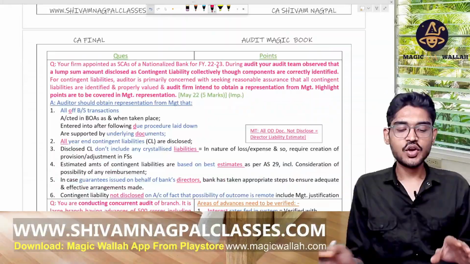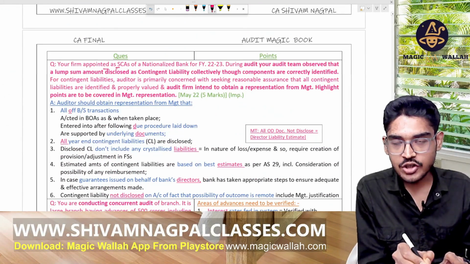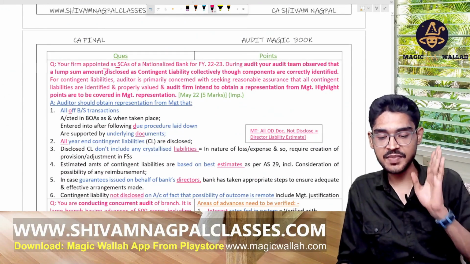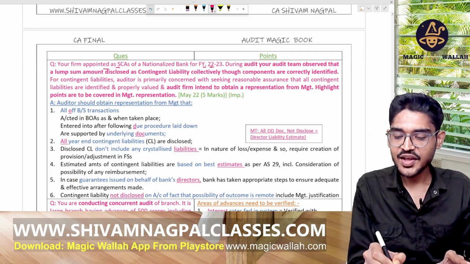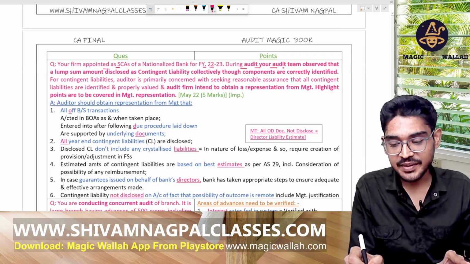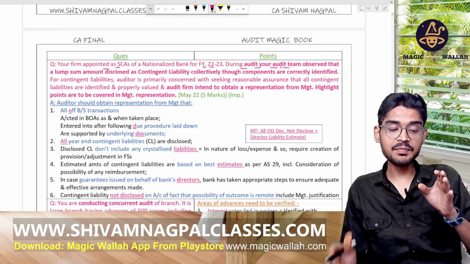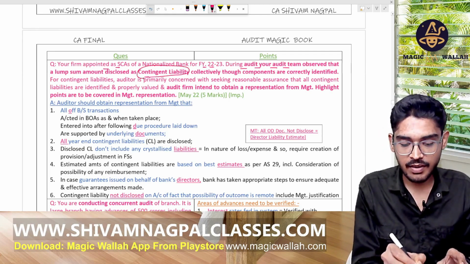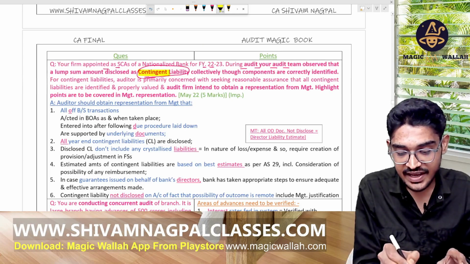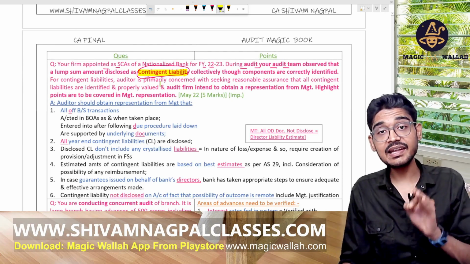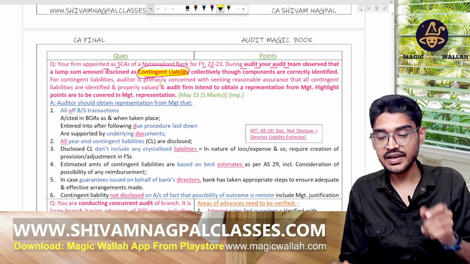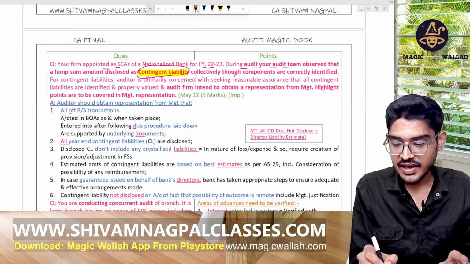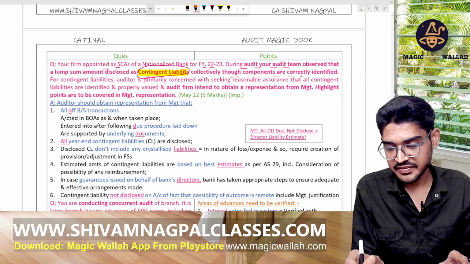Your firm is appointed as the central statutory auditor of a nationalized bank for this year. During the audit, your audit team observed that a lump sum amount is disclosed as a contingent liability collectively, and the components are not correctly identified.